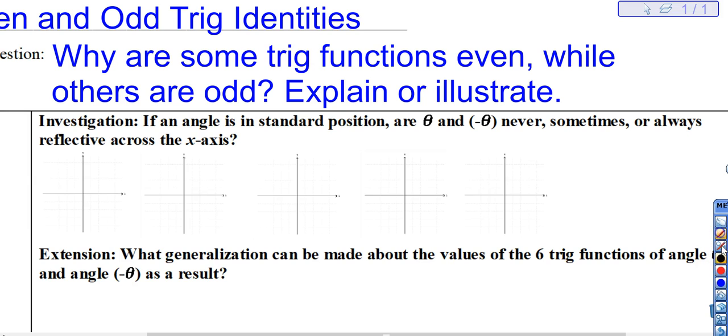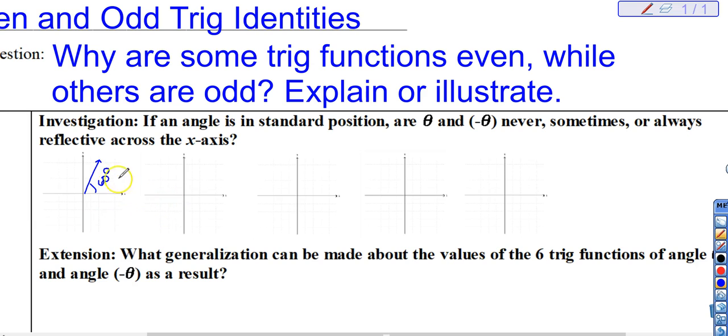You ready? So I'll start with this first graph here. So on this graph, we're going to draw an acute angle theta. So that would be a rotation up. Let's say we just do like 60 degrees-ish. Pretend we did 60 degrees.